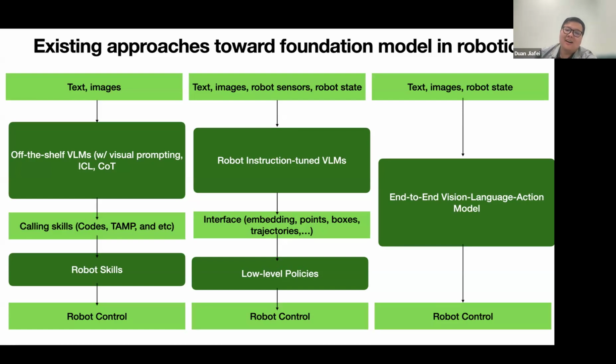Because what does the next token really mean in a robotics context? In an action model, does it mean the next token is a delta, or a robot joint state, or an end effector position? So the representation of that next token, at least in the context of robotics, is not that clear.